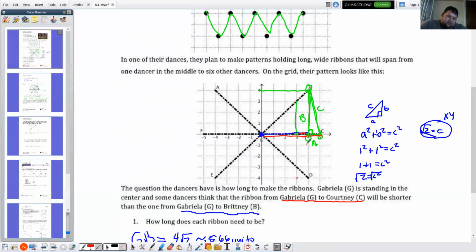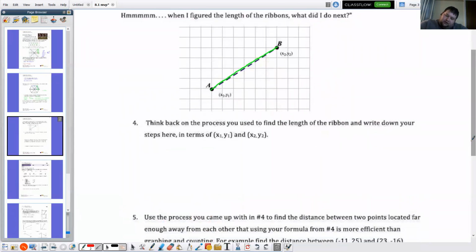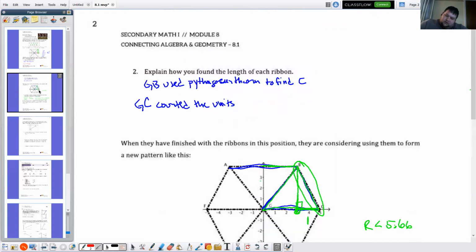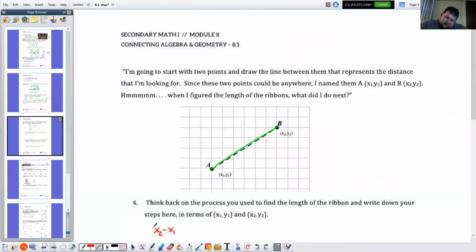Remember, difference is subtraction. So if we think back, we took x2 and subtracted x1 from it. Okay, and that was, so come back here, that was this first number right here, and that was squared. Okay, so we need to square all of that.